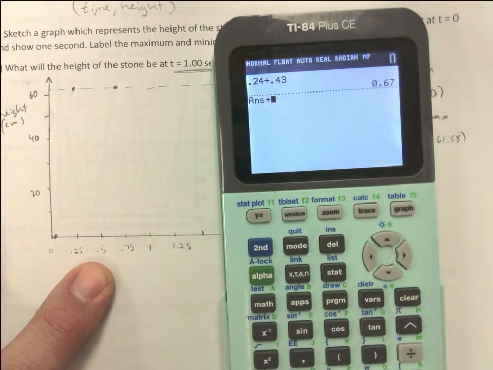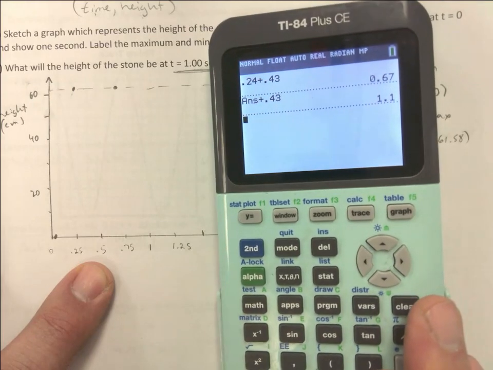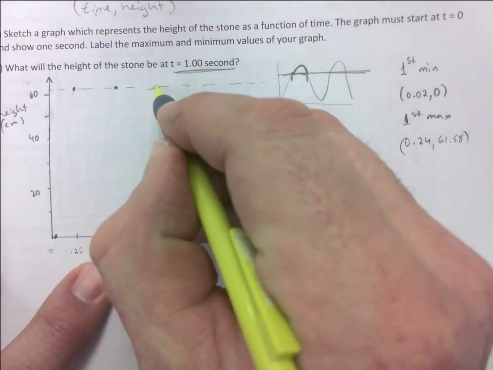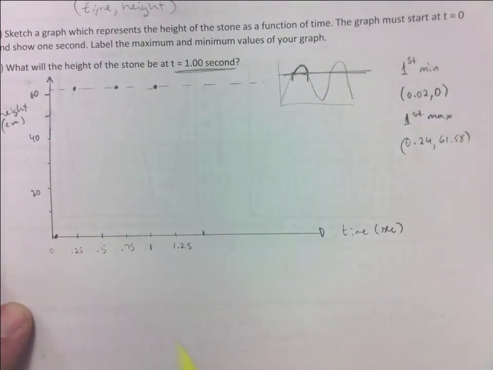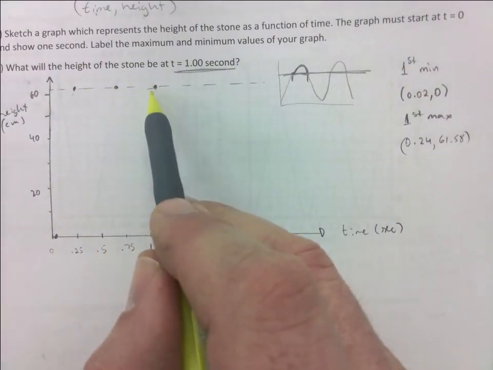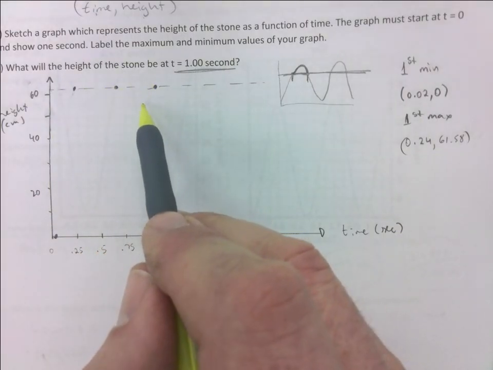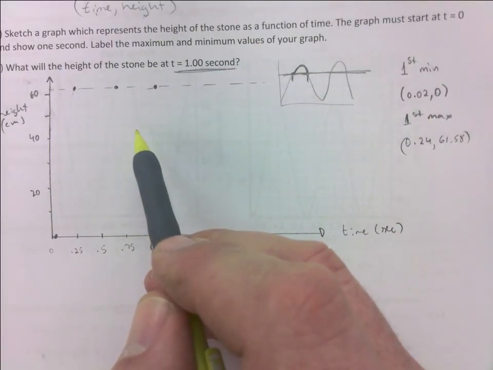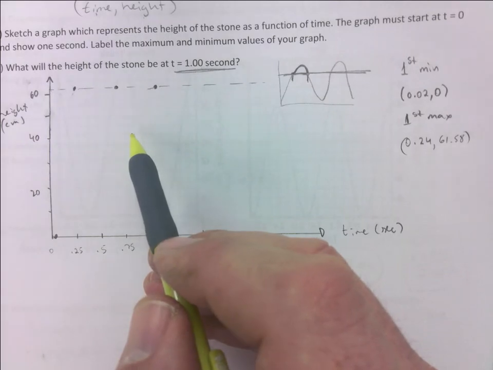Add another period to this. That's 1.1. 1.1 is right about there. So if you have 3, you're guaranteed to have 2 cycles.